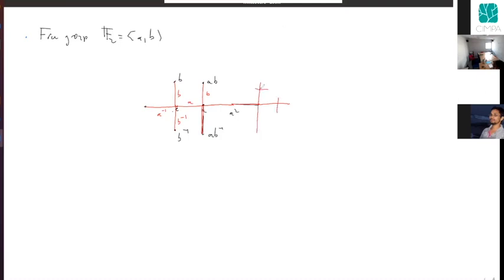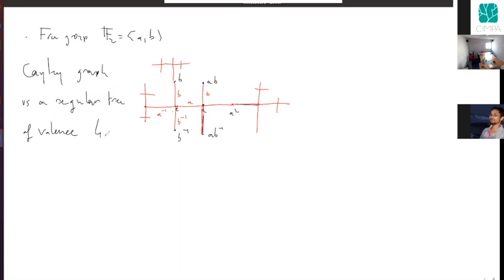And what you see is that I'm building a tree where each word can be given like that. So the Cayley graph is a regular tree of valence 4, because at each vertex I have exactly 4 edges that stick out.